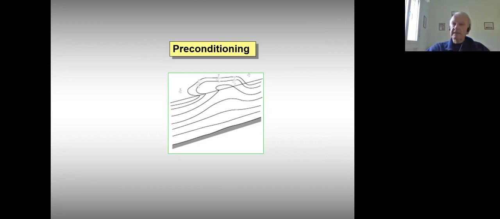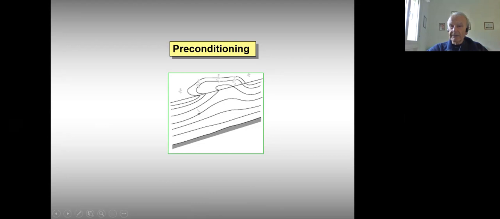And here is how it looks. What are the phases of this dense water formation, or the vertical mixing? We have a preconditioning. What is the preconditioning? Preconditioning means that the sea has prepared itself for the vertical mixing, for the dense water formation. And preconditioning means that there is this kind of shape of the isopycnals.